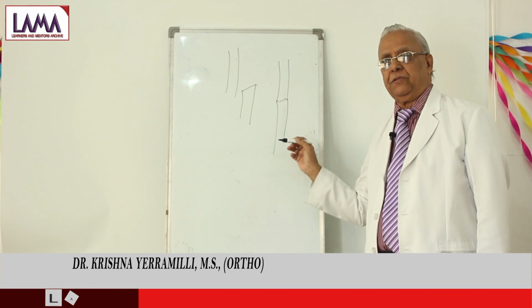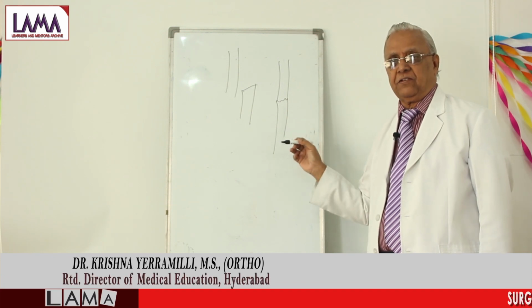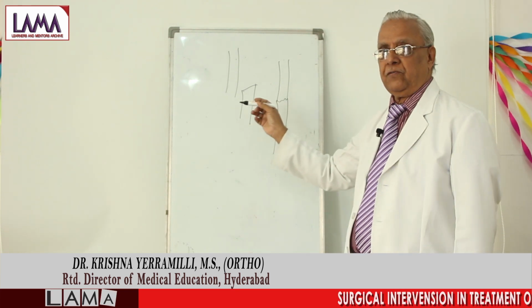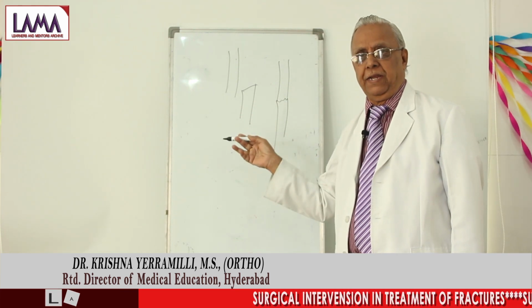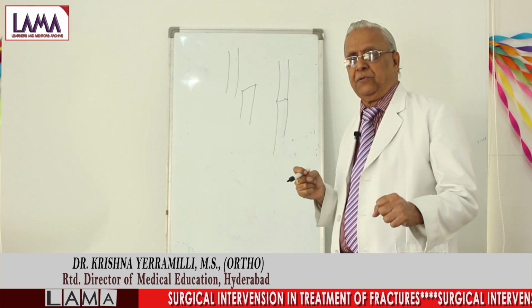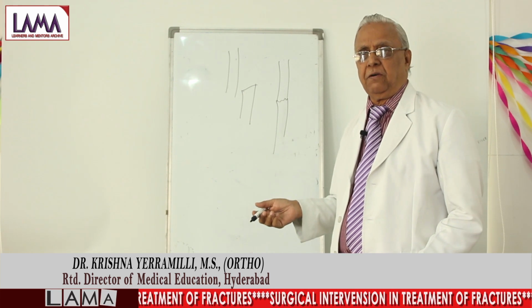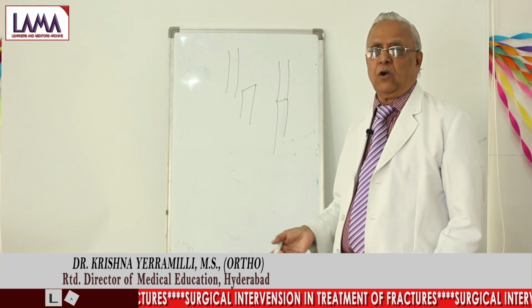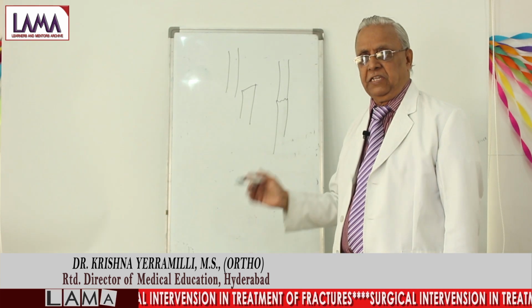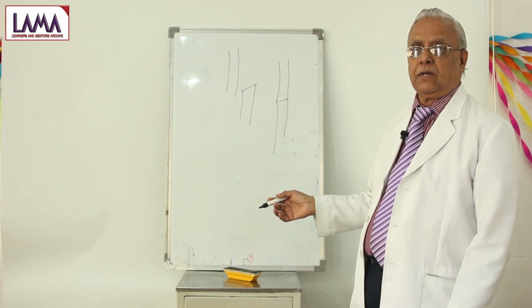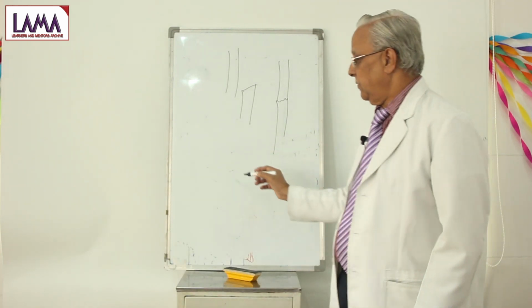Now, to keep them in position, we apply the plaster of Paris. As you know, when there is a fracture, there is already a lot of pain. We try to pull and push, that is traction and counter traction. The patient is likely to have more pain and will not cooperate with you. So, for this you require general anesthesia or deep sedation.